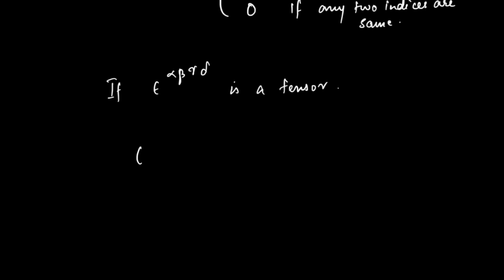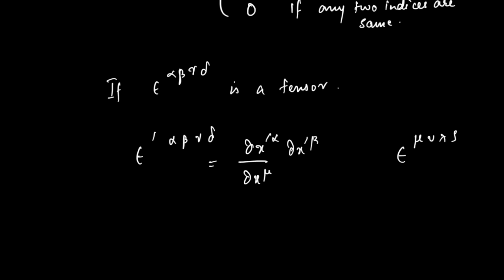It should change as epsilon prime alpha beta gamma delta, in terms of epsilon mu nu lambda rho, transforming like partial derivative of x prime alpha with respect to x mu, partial derivative of x prime beta with respect to x nu, partial derivative of x prime gamma with respect to x lambda, and partial derivative of x prime delta with respect to x rho.